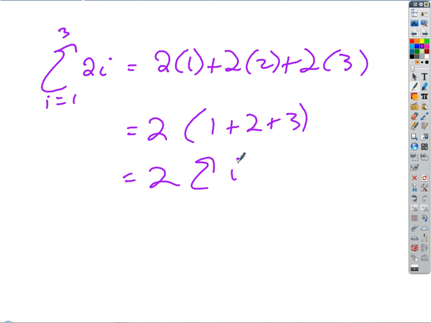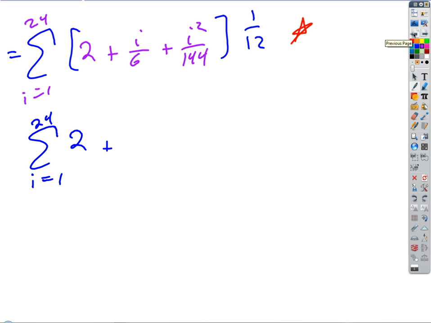Okay, so I won't do this for all of them, but you get the idea that the same tools are available to us with sigma stuff, with summations, that we had for derivatives or antiderivatives. So we could write the second one then as 1/6 times the sum of i from 1 to 24.